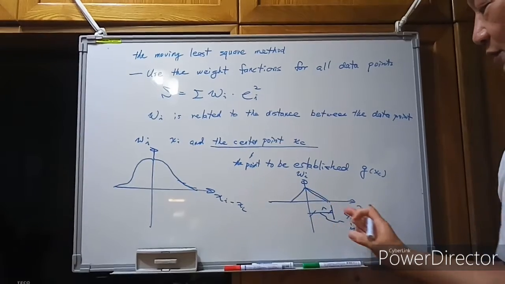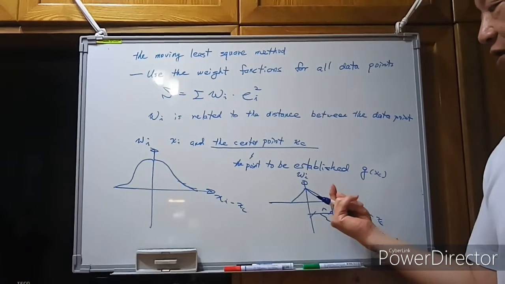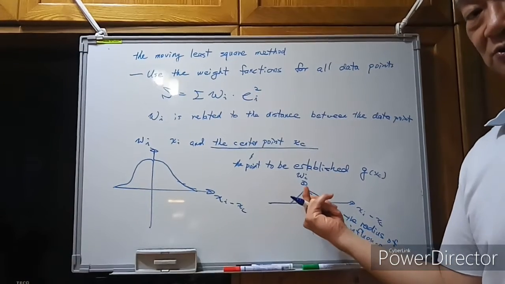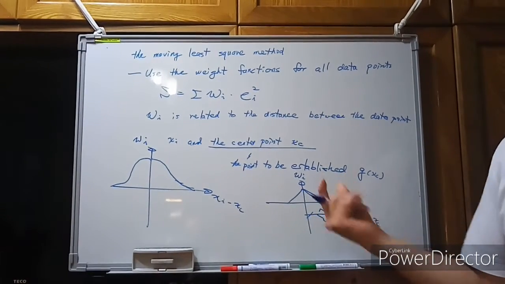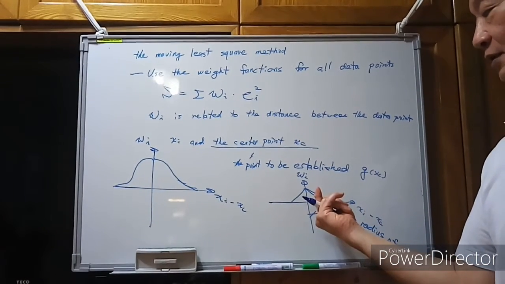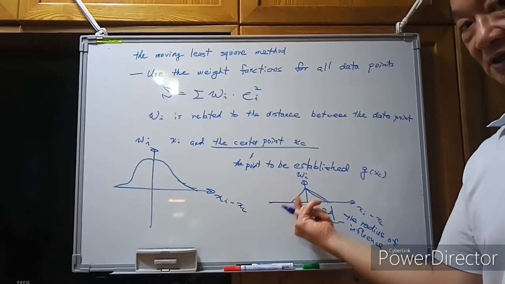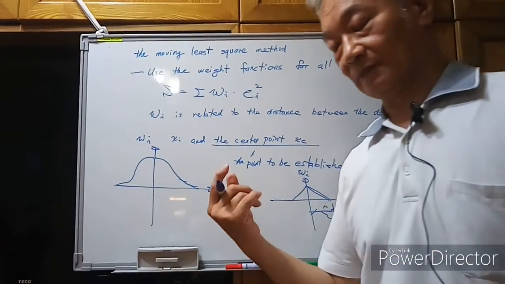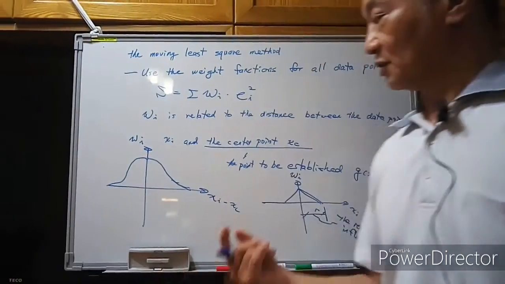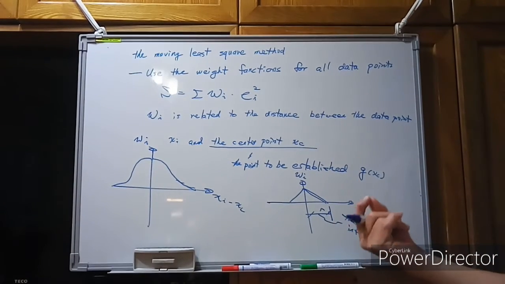And inside the radius of influence, you get different Wi values. The closer the data point is to the center point, the greater the Wi value. But if the distance is farther from the center point, the magnitude of the weight will be smaller. If the distance is greater than R, then the weight will be equal to 0.